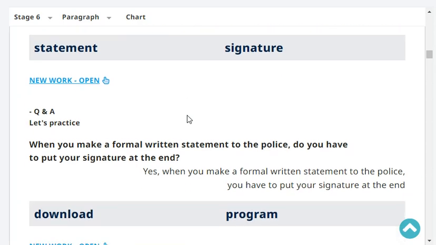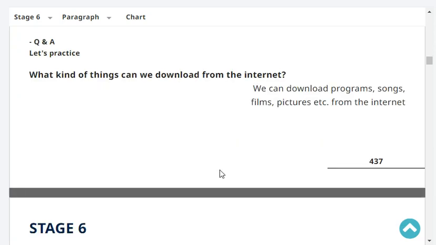Very good. When you make a formal written statement to the police, do you have to put your signature at the end? Yes. When you make a formal written statement to the police, you have to put your signature at the end. Very good. What kind of things can we download from the internet?